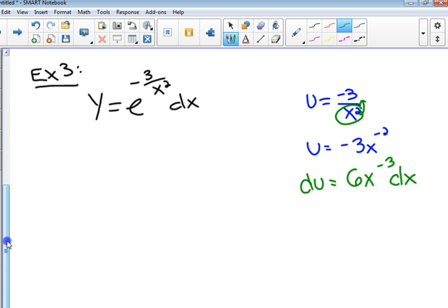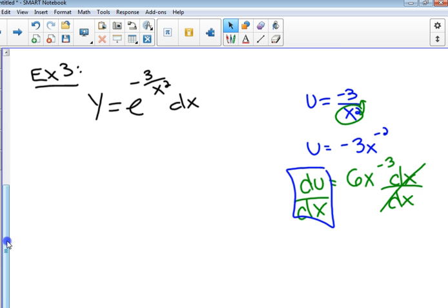Before you bring the x down, make sure you get du over dx, divide by dx. That's looking good. We have our du over dx, which is what you want. Let you guys keep going from here. I would make sure you have all positive exponents again.